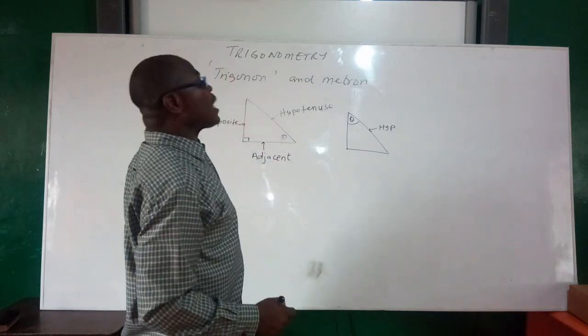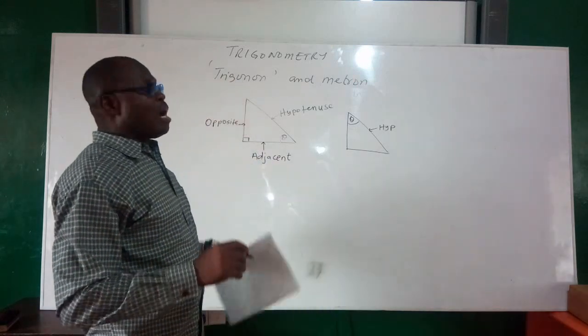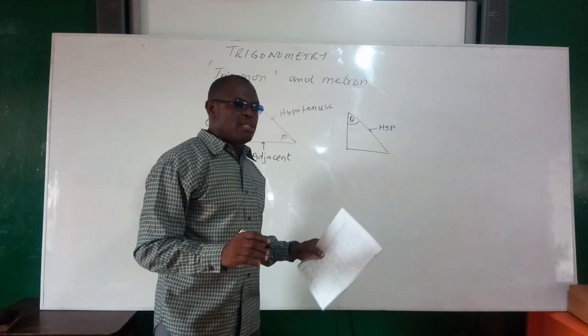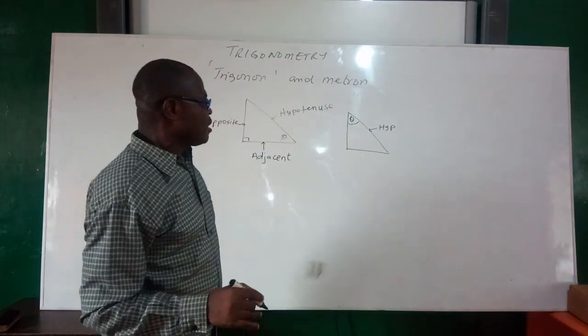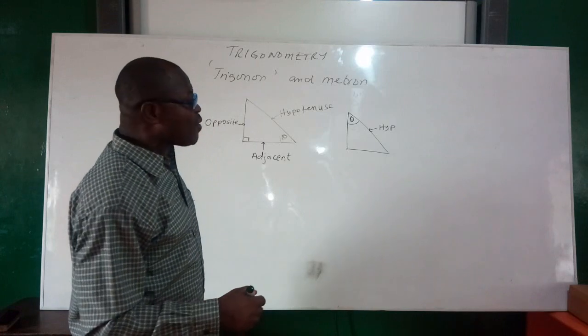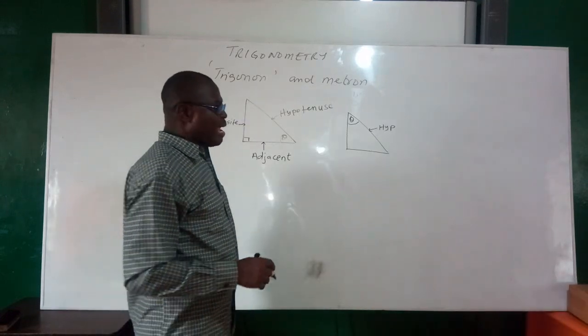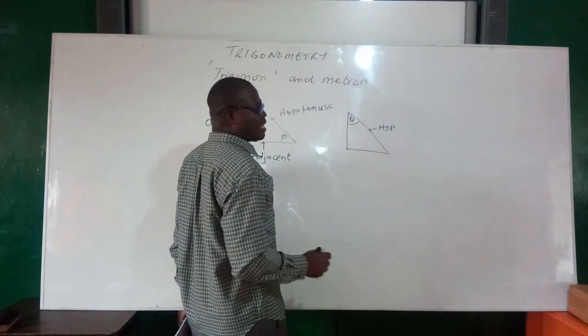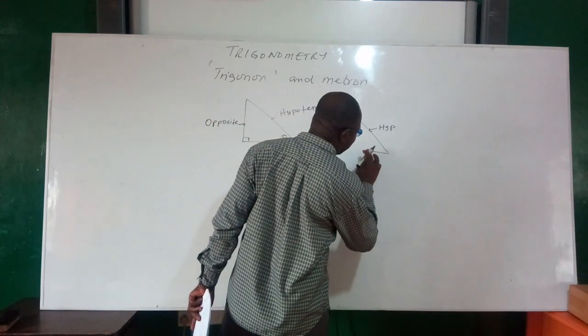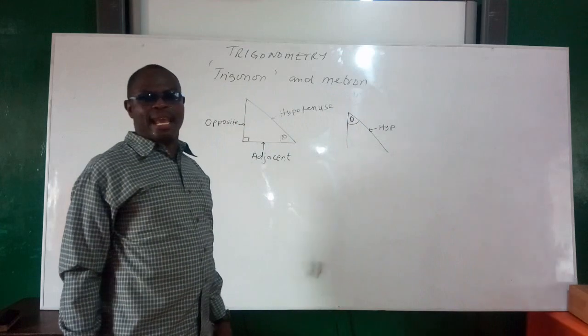Everything that is going to be done needs the correct identification of the sides. So to help the man on the street identify the opposite, it is the line that, when erased, does not affect the angle. When we erase this line, it won't affect the angle.